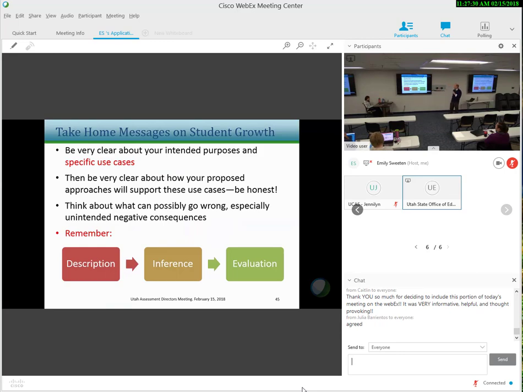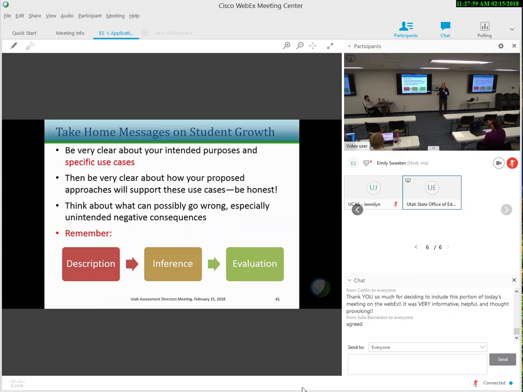Last slide. Be very clear about what you're trying to do and why you think it's going to make a difference. And think about unintended negative consequences. Some of you who've been around long enough remember Rich Hill, who did some work. He founded the center. I used to joke that it's a good thing he devoted his life to good, because he used to think of all these ways to corrupt the systems.